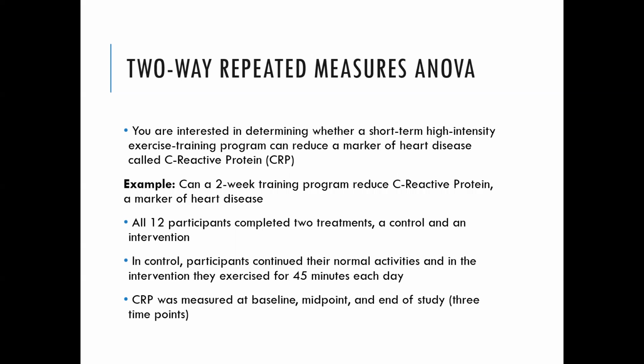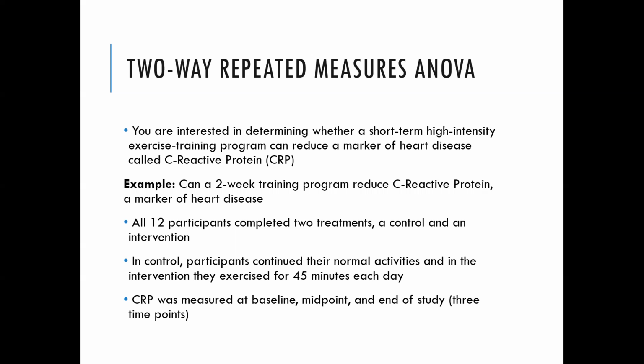Okay, so here's an example for when we would use a two-way repeated measures ANOVA. So let's say we're interested in determining whether a short-term, high-intensity exercise training program can reduce a marker of heart disease called C-reactive protein. And that's just a marker of inflammation. So for example, our question might be, can a 2-week training program reduce C-reactive protein?